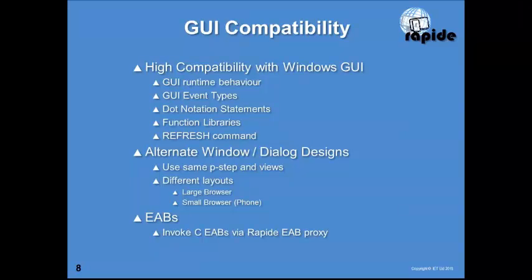Another area that sometimes crops up is if you have a lot of external action blocks on the client side written in C, what happens when you move to a Java-based platform? Well, one of the technologies that we introduced in Rapide is something called the EAB proxy, and that allows you to call C code directly from the generated Java code via a Rapide generated layer called the EAB proxy.